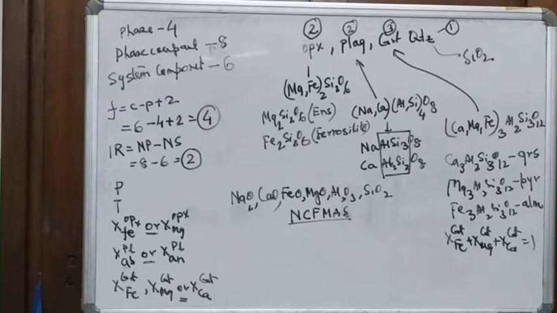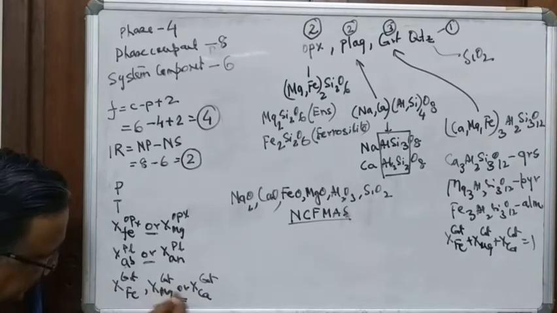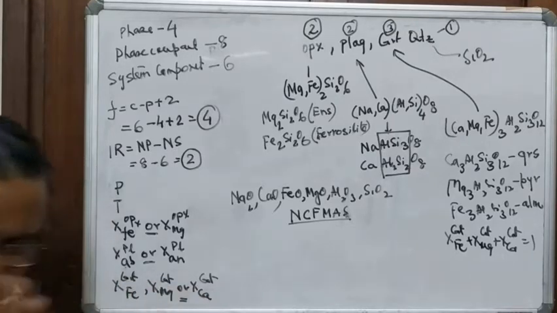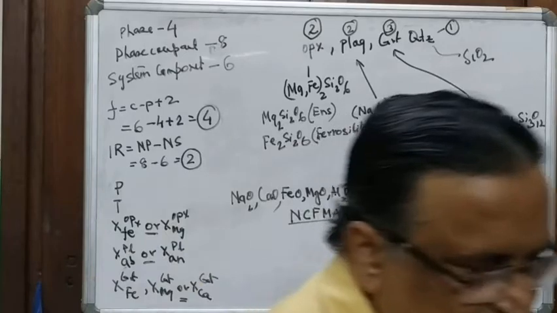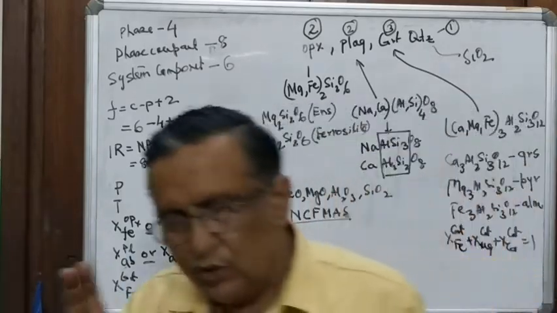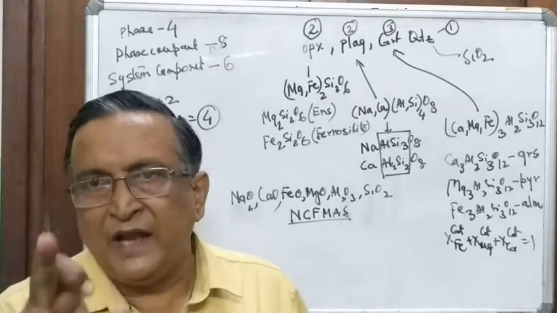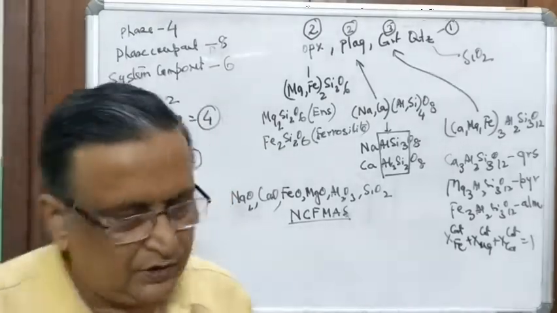Or you could also do one thing. You could bring in XCA here or XMG here. One of them is an independent, one of them is a dependent variable. Out of the 3, 2 are unquantified, 1 is derived.